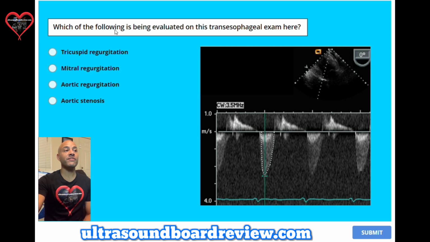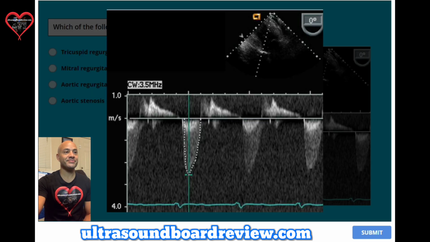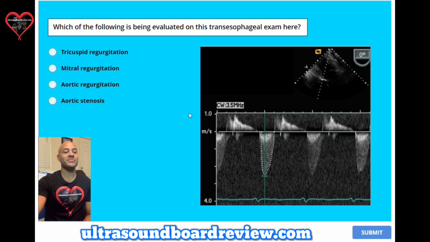Question 89. Which of the following is being evaluated on this transesophageal exam here? A, tricuspid regurgitation, B, mitral regurgitation, C, aortic regurgitation, or D, aortic stenosis? The answer is D, aortic stenosis.